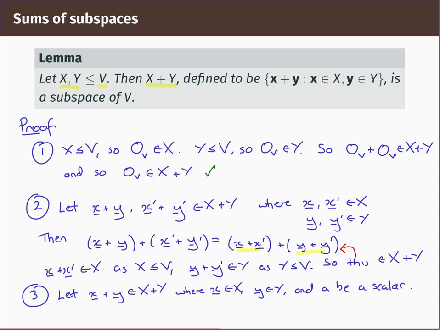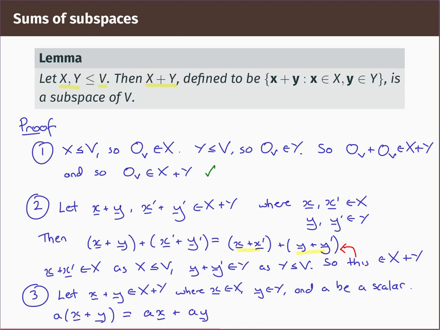What that means is if V was a real vector space, then A is some real number. And if V was a complex vector space, then A is some complex number. So now I have to check that A times (x plus y) is an element of capital X plus capital Y. But we can use the vector space axioms. One of the vector space axioms tells me that that is Ax plus Ay.